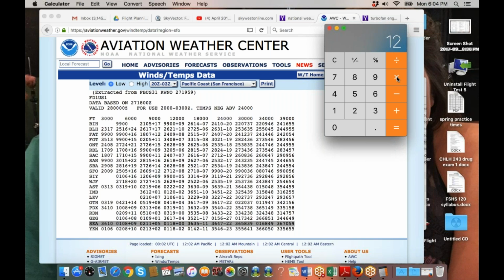Right? So we'll have 12 times 2, 24 degrees minus 15, so we get 9 degrees, or negative 9 degrees, sorry. And so it's 0 degrees right now, so we're going to be ISA plus 9.